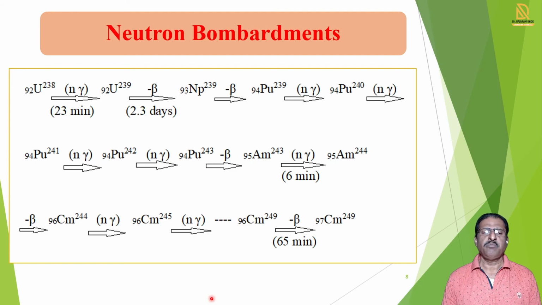In this way, from uranium, we increase the number up to 118 and prepare the elements. This reaction is continued. We have shown the reaction here, but it is not completed. We can increase it to a large extent, up to 118. In this process of neutron bombardment, we only increase mass by 1, and by elimination of a beta particle, we increase the atomic number by 1.